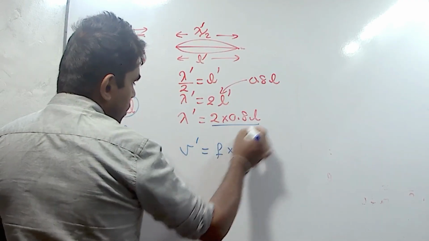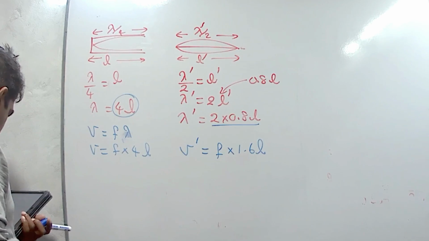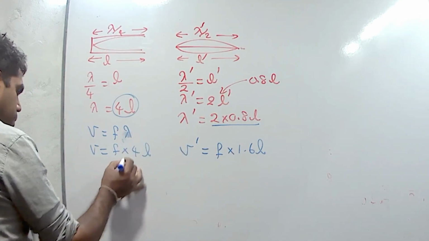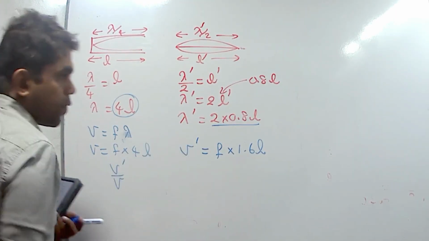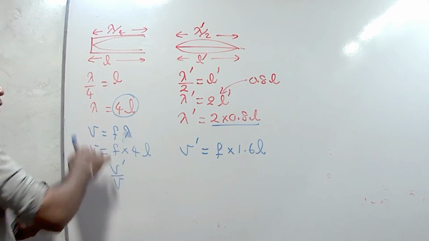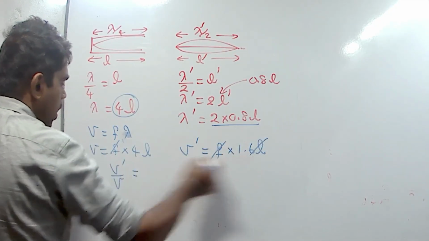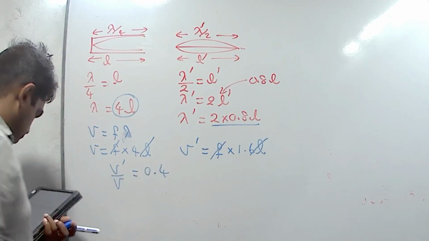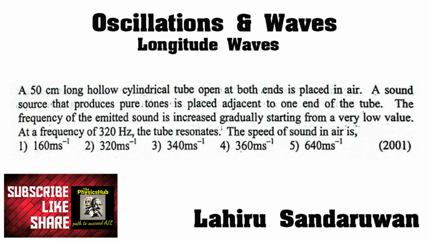Wavelength is this one, 1.6 L. Then we can divide the second equation by the first equation. We have to get the ratio between the velocity of the wave in the string and the velocity of sound. Then we can cancel out F and L. 1.6 divided by 4 is 0.4. Then the answer is 3.